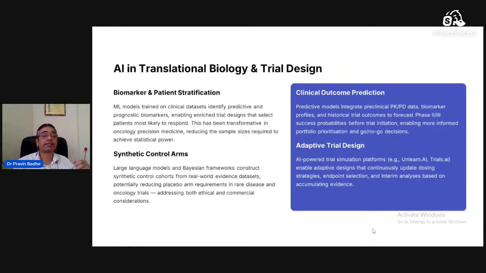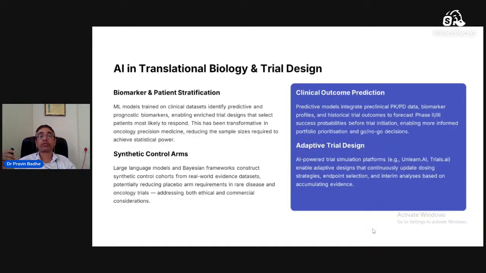The second thing is that with the help of large language models, which we have discussed previously as well, you can have synthetic data which can be helpful to understand how the molecules, the leads, can behave in diseases like rare diseases or even cancer, and that will help in the development of that molecule or lead.